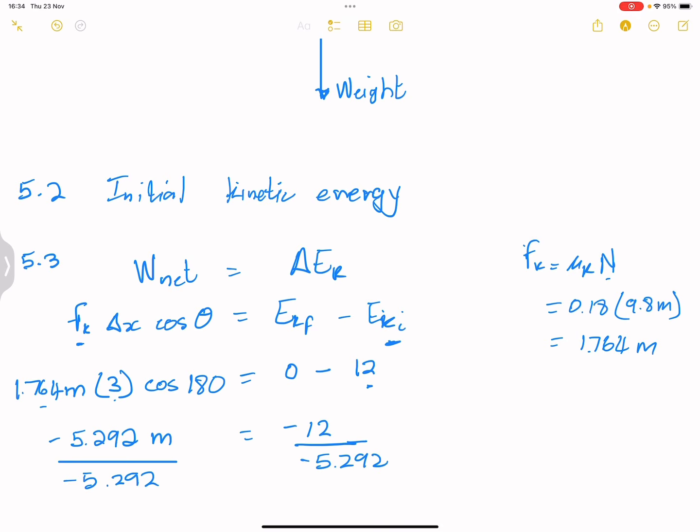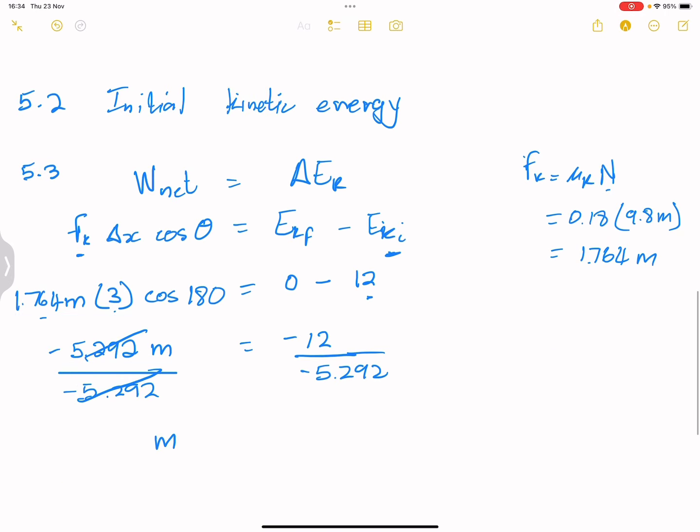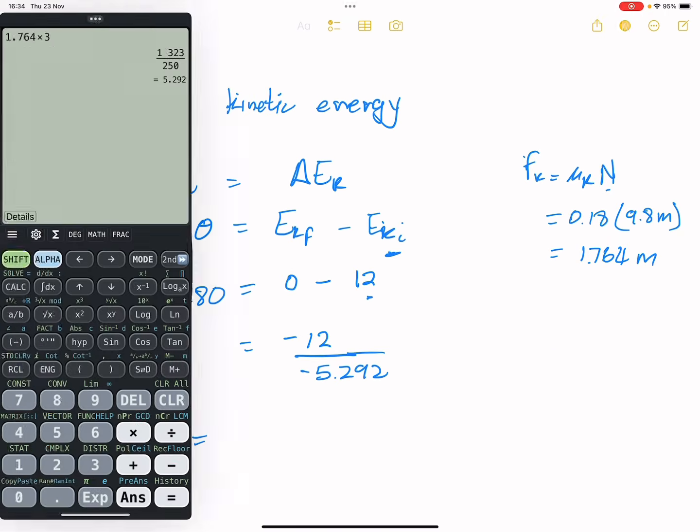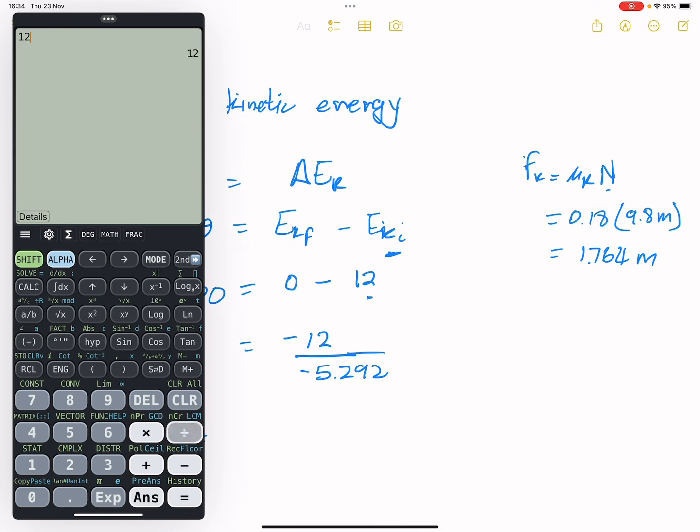And so what we get for our value of m is 12 divided by 5.292, and we get a value of 2.27 kilograms. That will be our mass.